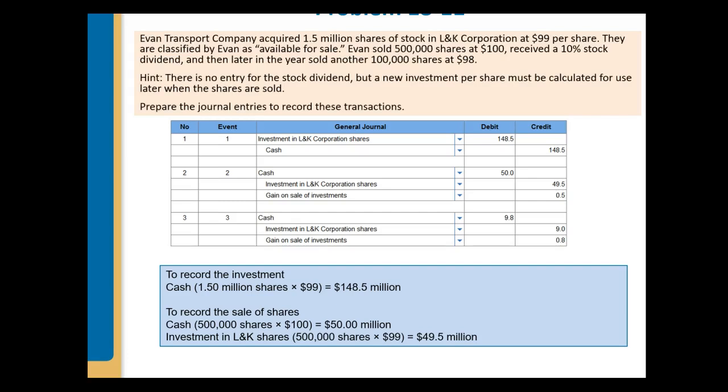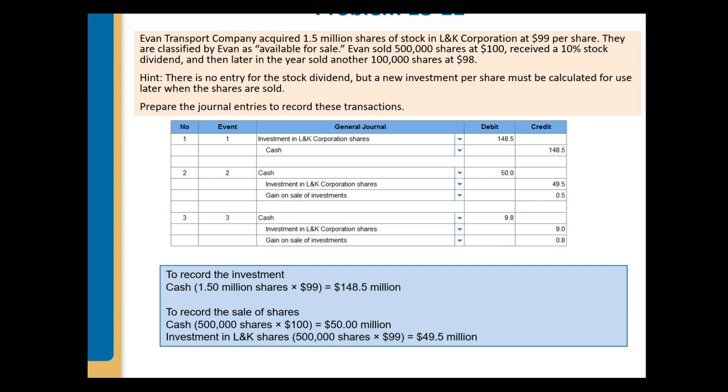Let's look at problem 18-11. Evan Transport Company acquired 1.5 million shares of stock in L&K Corporation at $99 per share. They're classified by Evan as available for sale.